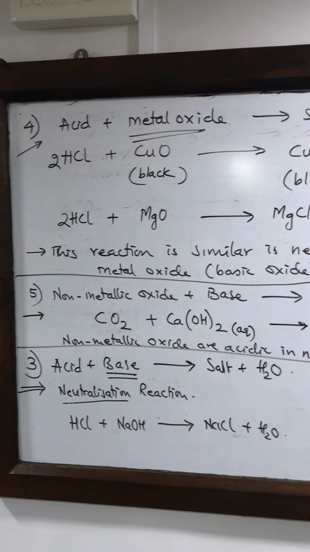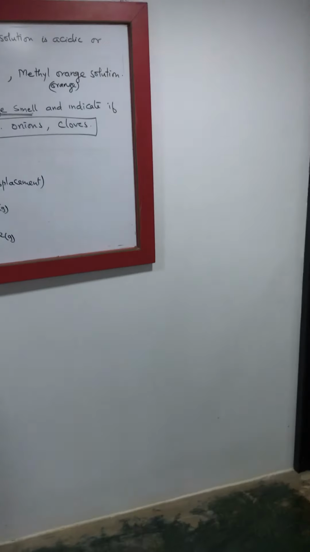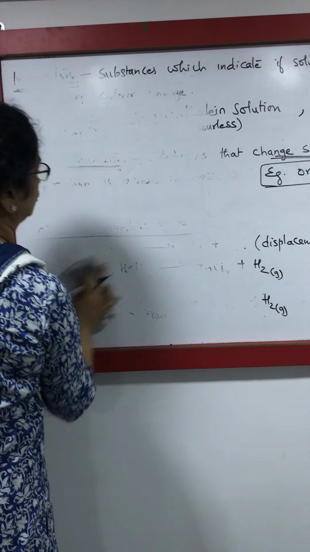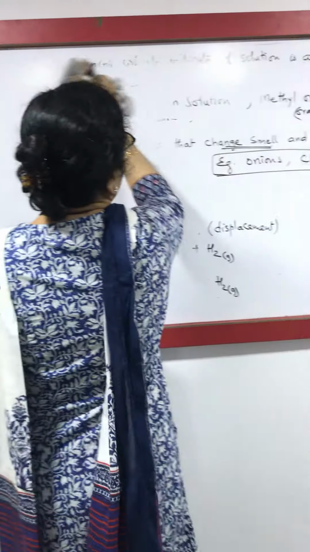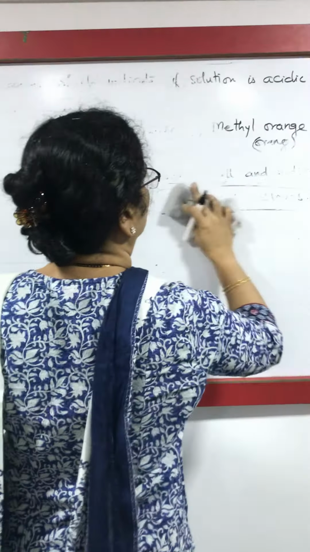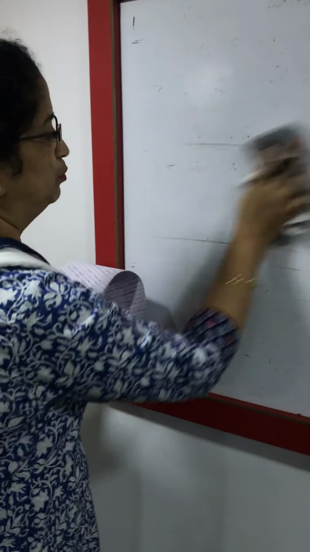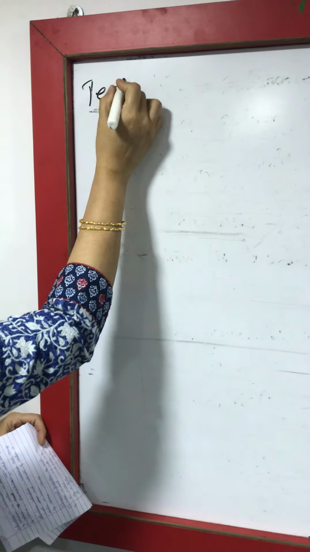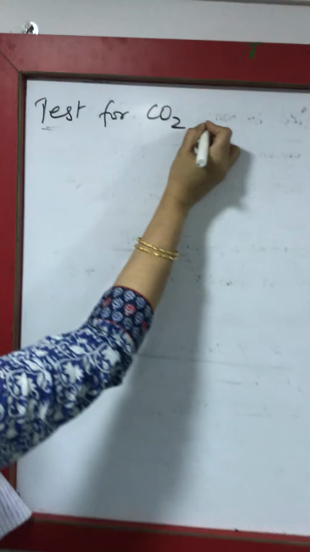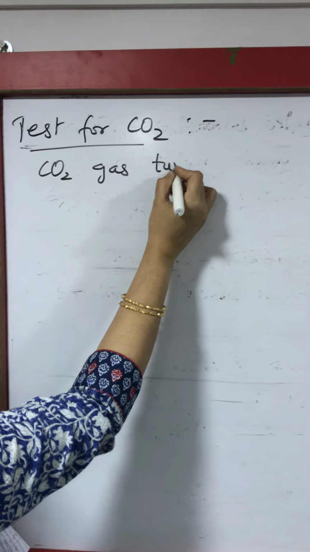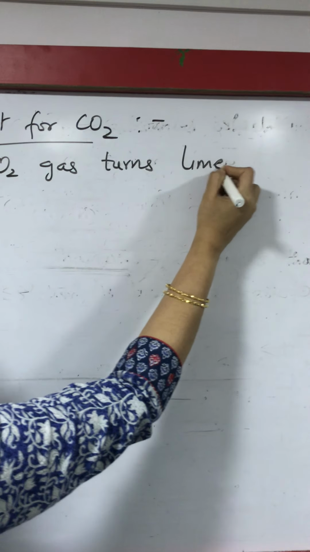We shall now learn one test to identify carbon dioxide. If we are given a gas and we want to find out whether the gas is carbon dioxide, then we pass it into lime water. So, the test for carbon dioxide: carbon dioxide gas turns lime water milky.